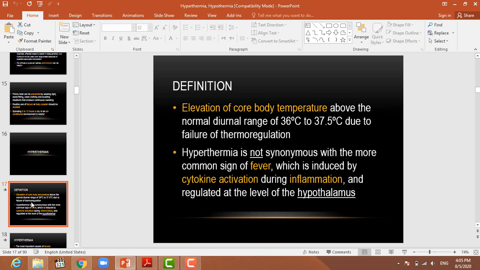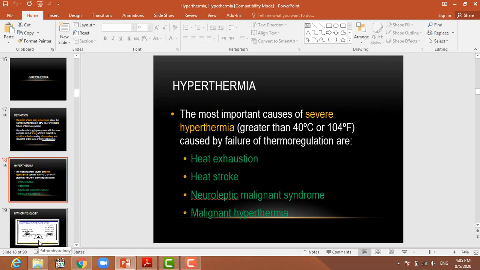Basically, hyperthermia is not fever. Fever is due to cytokines and inflammation, and is regulated at the level of the hypothalamus, while whenever the core body temperature rises above the diurnal range, that is known as hyperthermia.